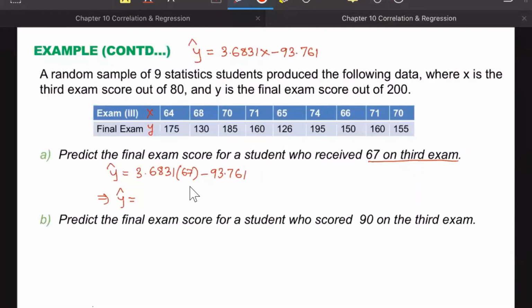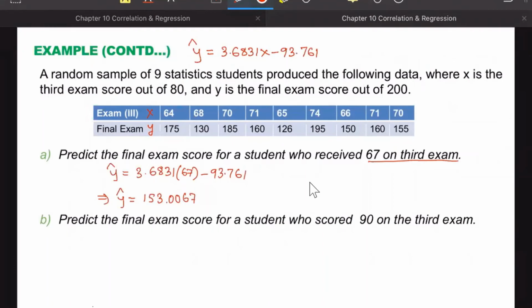Please plug in and let's see what you get. If you plug in 67, what did you get? I got 153.0067. You should get that value. Make sure you check it.